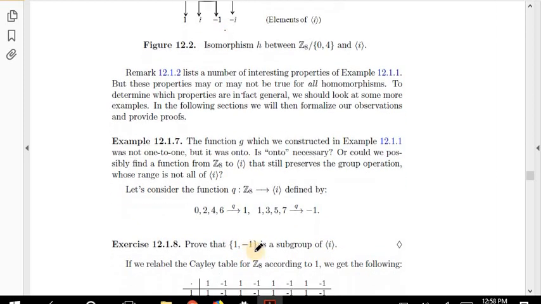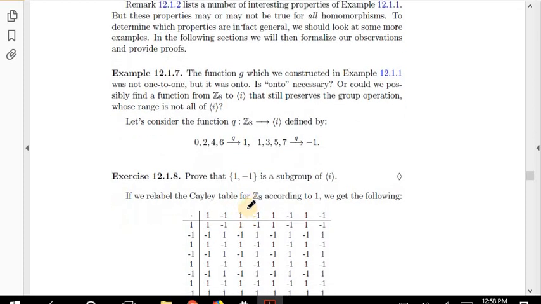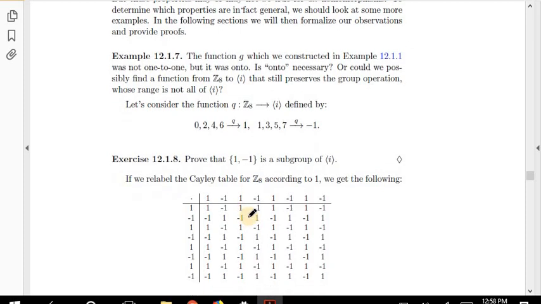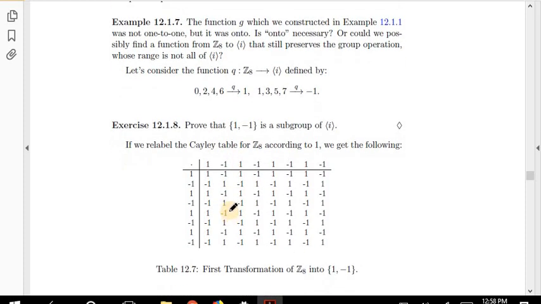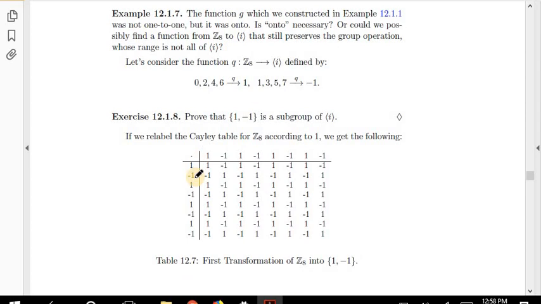And we can see that if we relabel this Cayley table for Z8 according to the mapping, that is, 0, 2, 4, and 6 we replace with 1, and 1, 3, 5, and 7 we replace with minus 1, we get this table. If we cross out redundant rows and columns, we'll just get this table in the corner here, which is the multiplicative table for this two-element group.